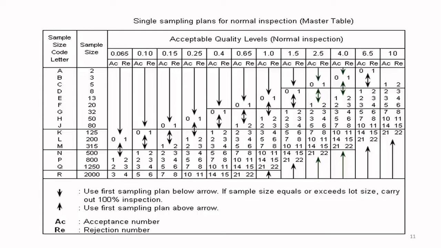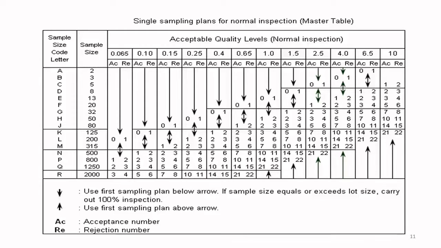Just below the acceptable quality level normal inspection, we have 0.065, 0.1, 0.15, 0.25, 0.4, 0.65, and the last we have 10.